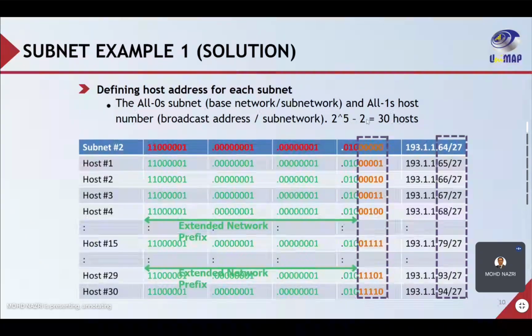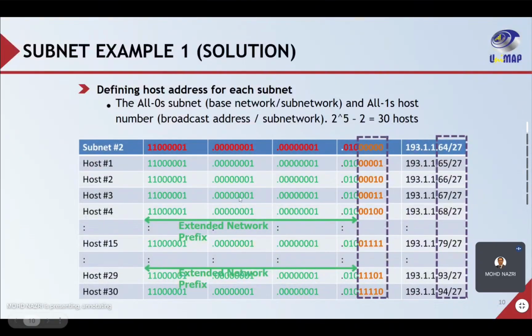So kita minus 2. So you got 30 hosts. So in each subnet, for example kita ambil contoh kita nak design subnet 2 lah, maksudnya branch nombor 2. So setiap branch tu kita bagi 30 host. So kita ada reserve 5 untuk future, 25 untuk dipakai sekarang.